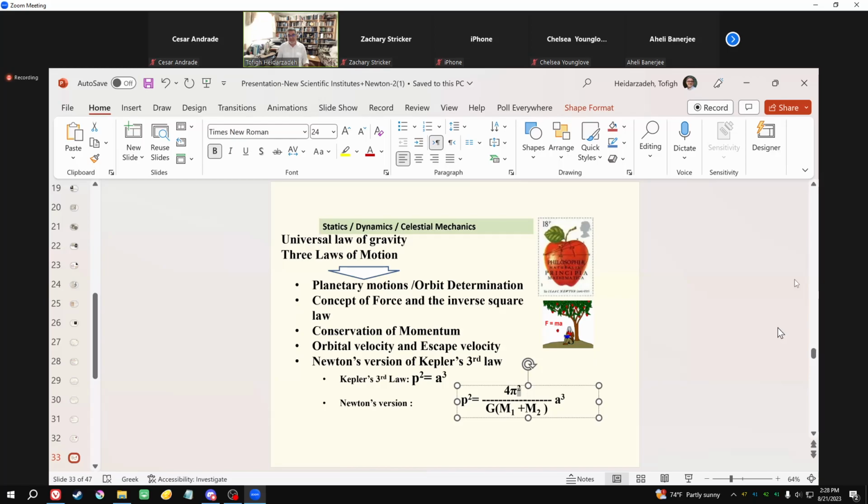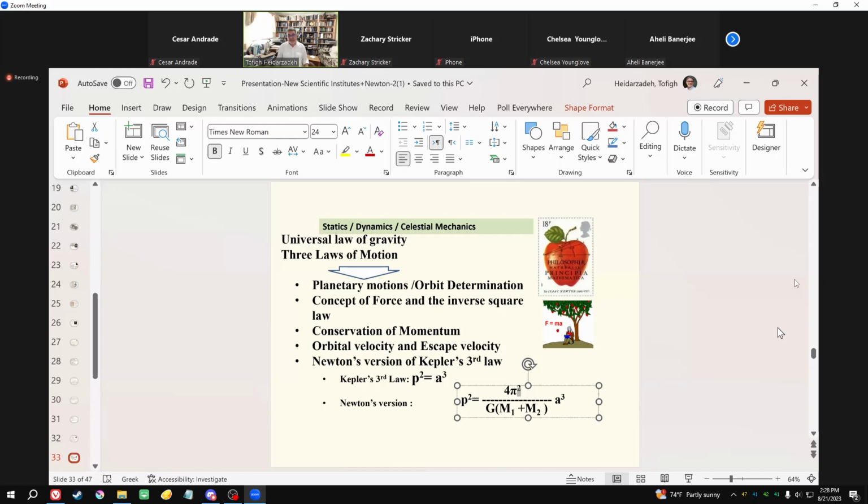We know the third law of Kepler. Newton knew about that. What is the third law of Kepler? It says that the period of a planet is related to its average distance. In a mathematical way, P squared equals A cubed. So the period of the Earth around the sun squared is equal to the average distance of the Earth from the sun cubed.